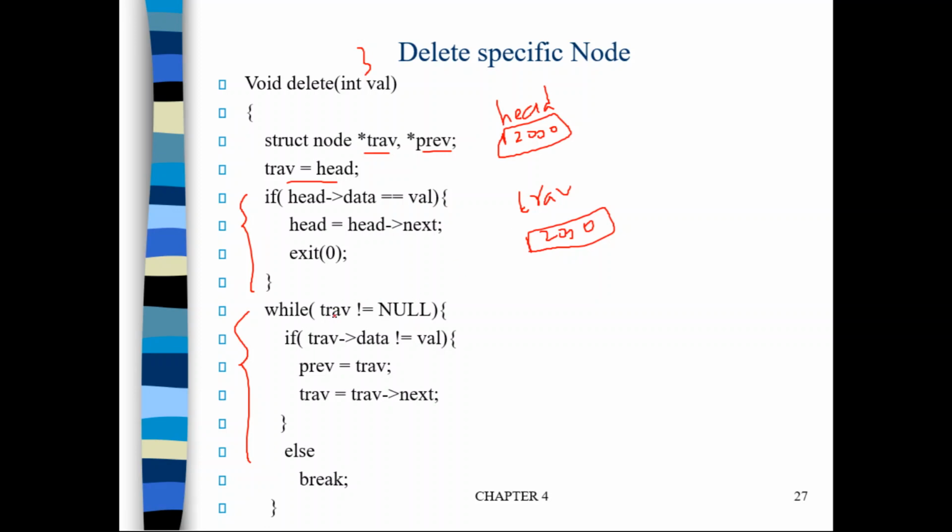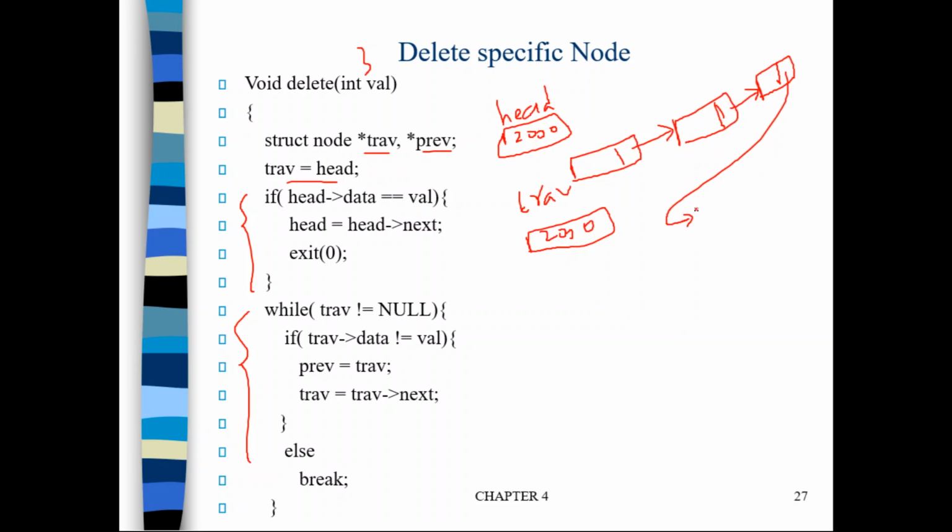While traverse arrow next not equal to null, this is quite similar to the insert logic which we have discussed. So these are the nodes 1, 2, 3. This is the third node.